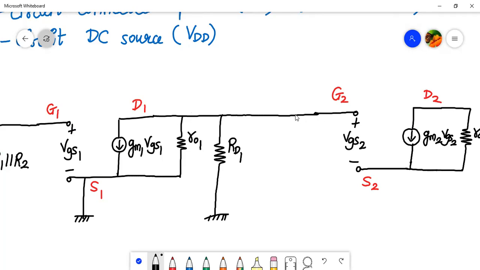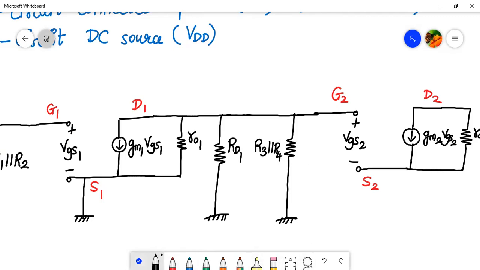And from the gate 2, we have two resistors which are connected in parallel. Those resistances are R3 parallel to R4. Let me rewrite it properly. That will be R3 parallel to R4.